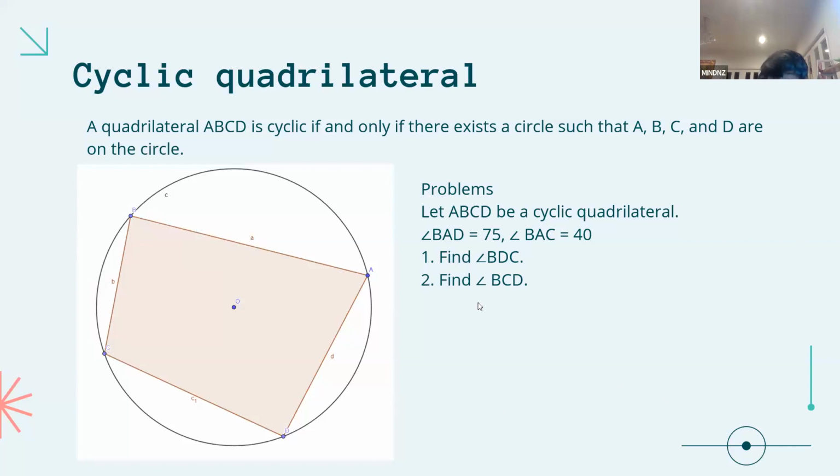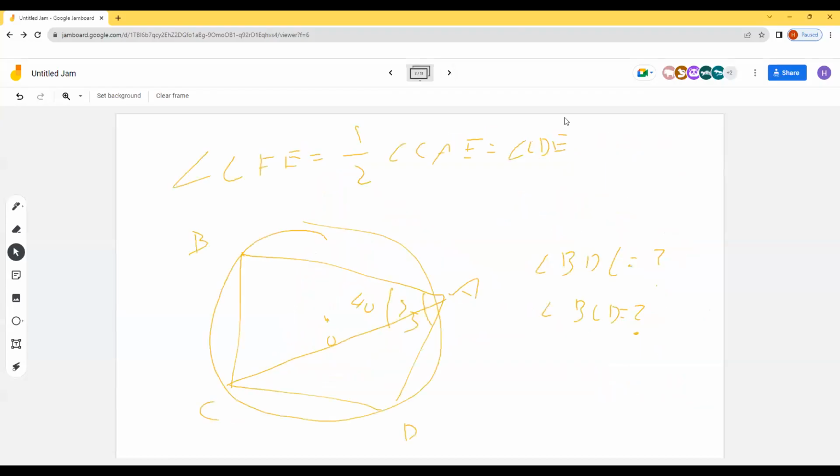Okay, we'll start presenting solutions. If you want to present, you can start drawing on slide 7. You can use the diagram if you want to. Well, that angle's 75 and that angle's 40. BDC, I just added a line through there.